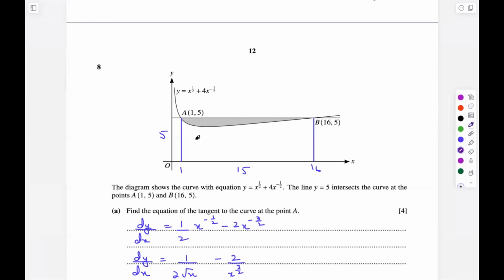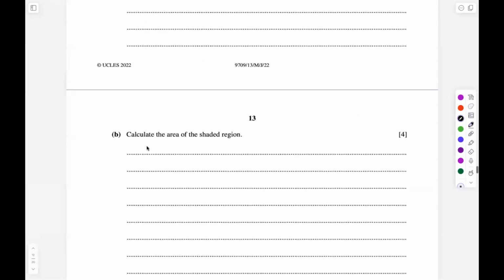So the area of the rectangle will be 75. To find the area under the curve, we'll have to integrate and substitute the limits 16 and 1. So the equation of the curve is y equals x to the power half plus 4x to the power minus half.